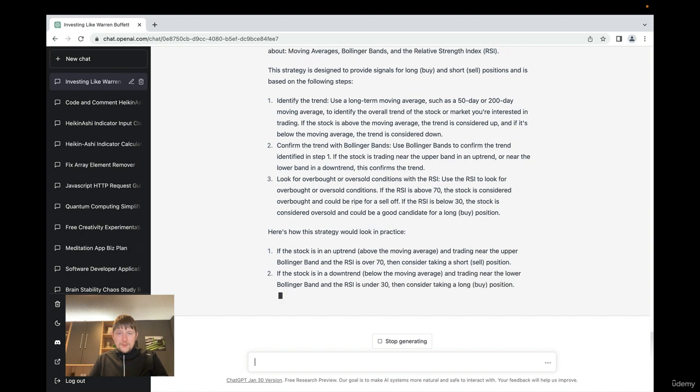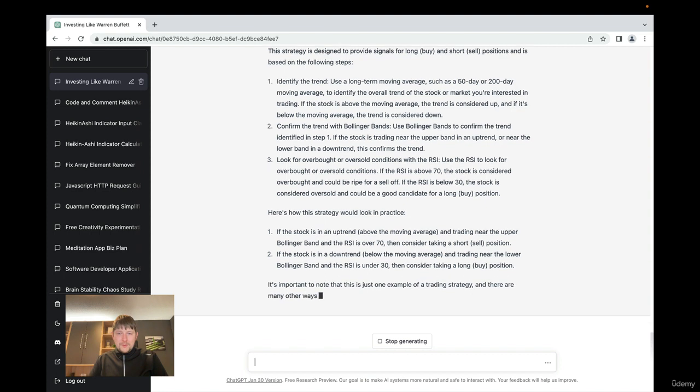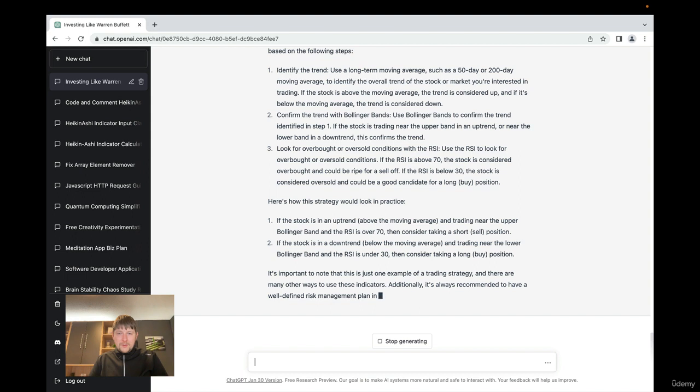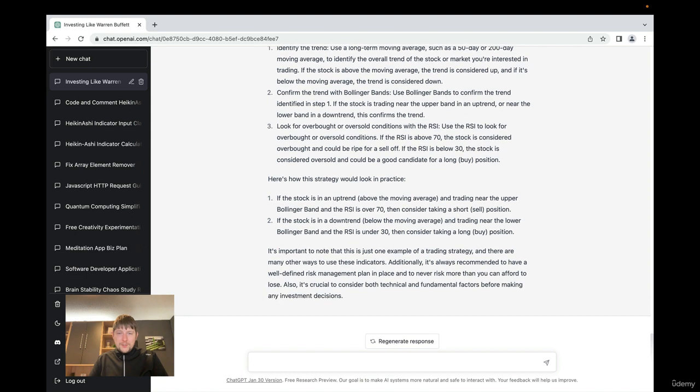And here, a concrete example for how it's used in practice. And again, it reminds us about the risk management and also that fundamental factors play a huge role in this.